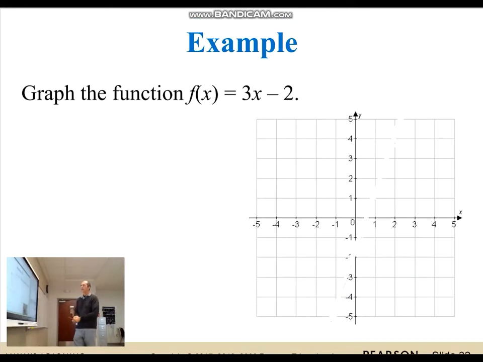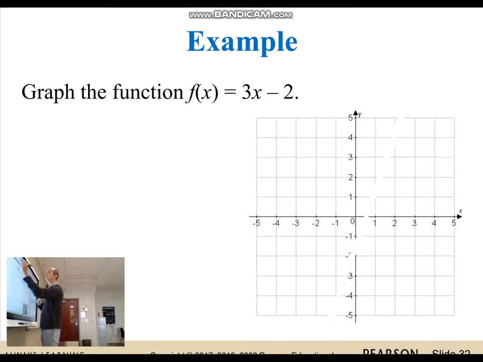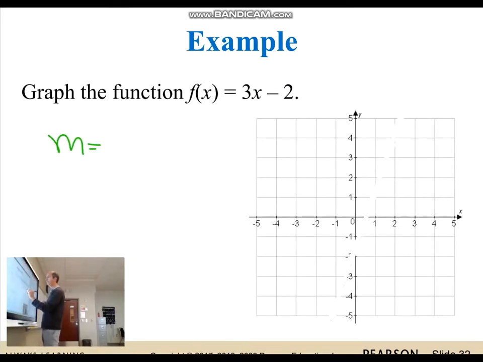Okay, let's solve this example here. Graph the function f of x equals 3x minus 2. Well, we know that m is the slope. That means m equals 3. And the slope is rise over run. That means rise is 3 and run is 1.